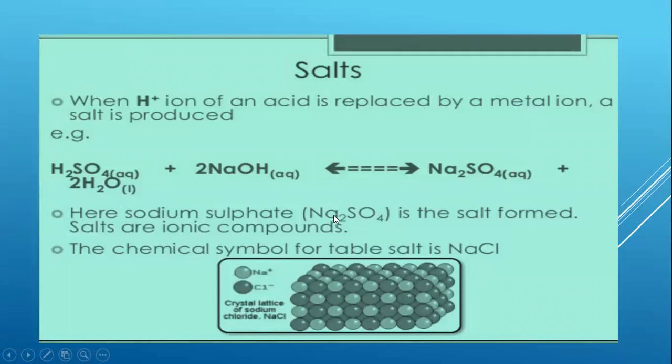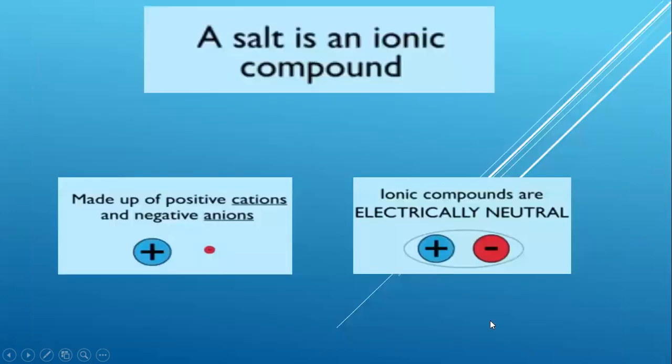Salts are ionic compounds, and the most important common salt is your table salt with formula NaCl, and this is the crystal structure of sodium chloride, which is known as crystal lattice of sodium chloride. Salt is basically an ionic compound.